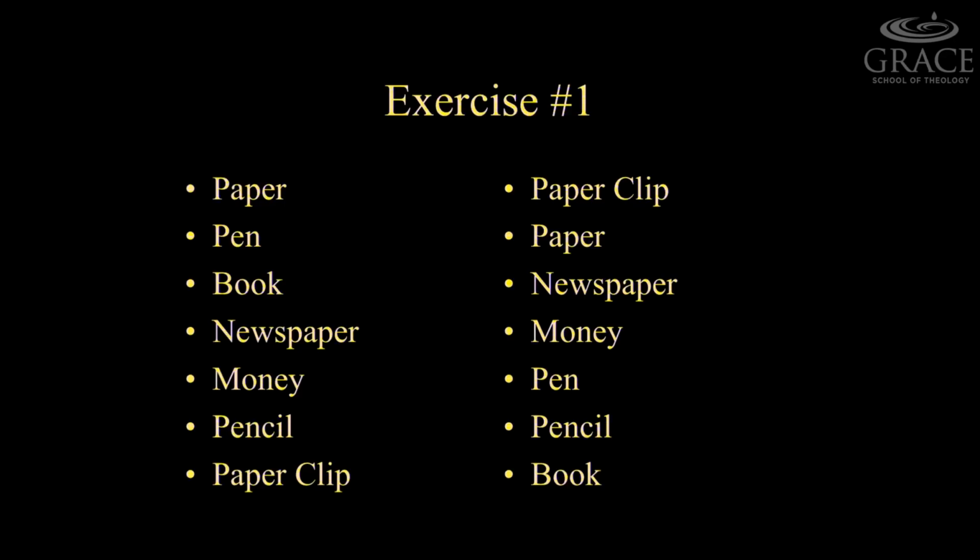Same items, but in different order. And what always happens is that second list, they group differently. And so even though you have the same things on the same list, they're not in the same order. And so you have different Roman numerals.